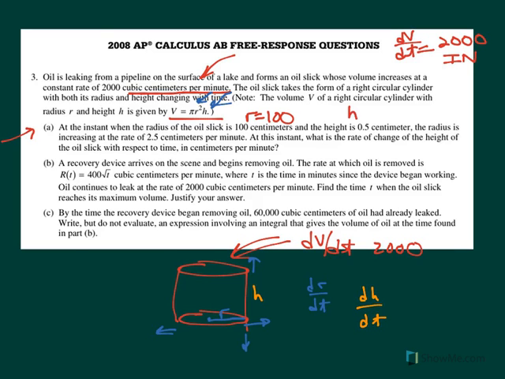So at the instant in time, your h will be 0.5. The radius is increasing at a rate of 2.5 centimeters per minute. So they're giving you the dr/dt. They're telling you that the dr/dt is going to be 2.5.